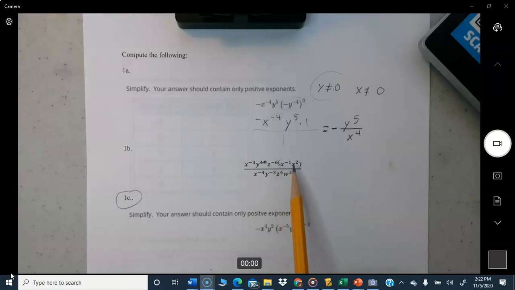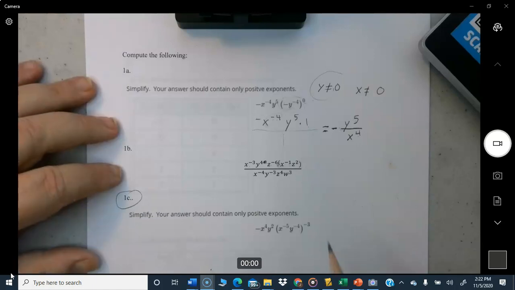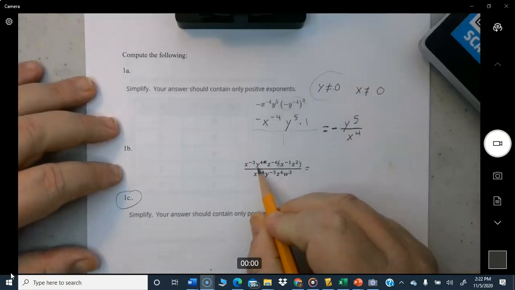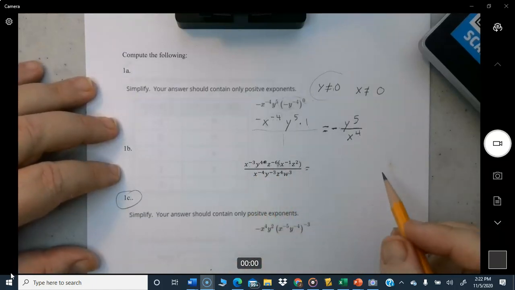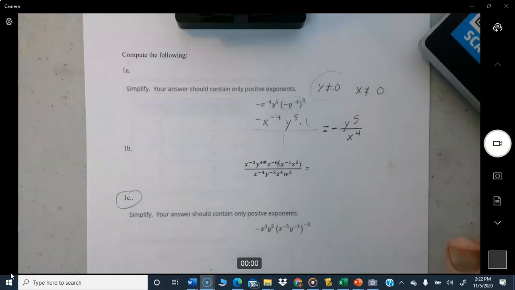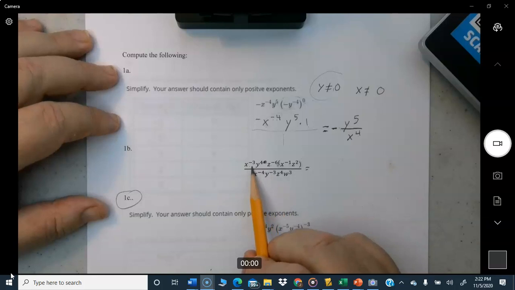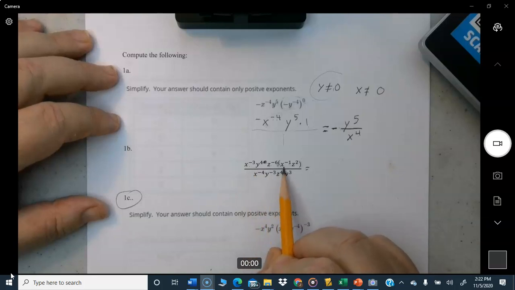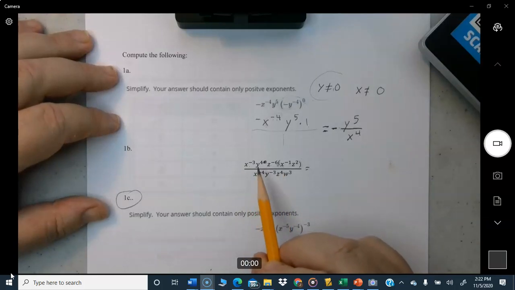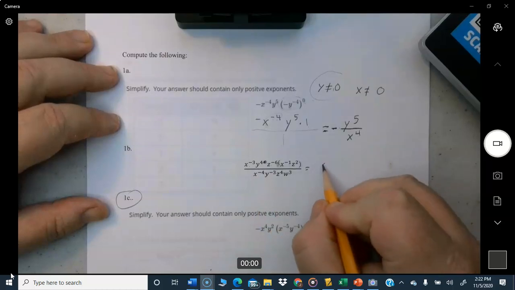In this case, again, since there's no exponent up here to distribute through to all this, or no coefficient out in front to distribute to all this, you don't even need those parentheses. They don't mean anything. The other thing you can do is just simplify all the like terms where they are and then flip them at the end if they're negative. Okay, so let's go ahead and do that. So we have x to the minus 3, x to the minus 1. That's going to be x to the negative 3 plus negative 1. So that's going to be x to the negative 4.